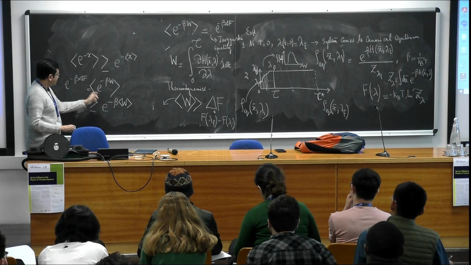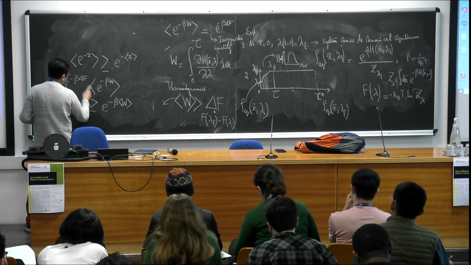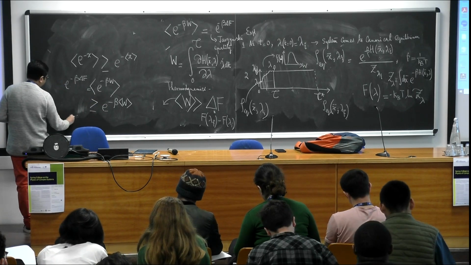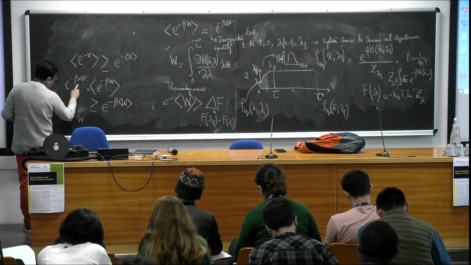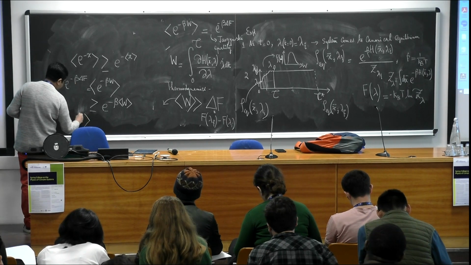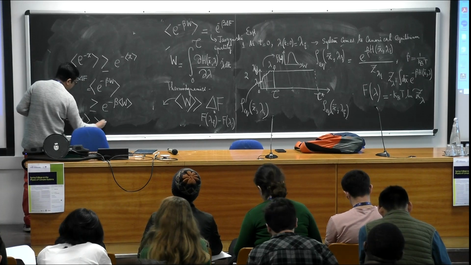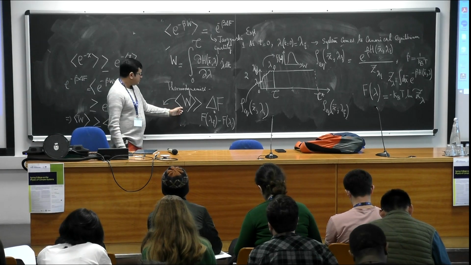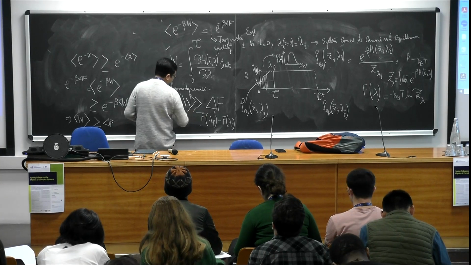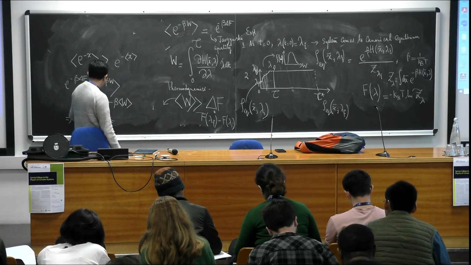Now if I cancel beta and compare these two, take log or whatever, then you at once get W average is greater than delta F, which is exactly this one. You may have equality also.